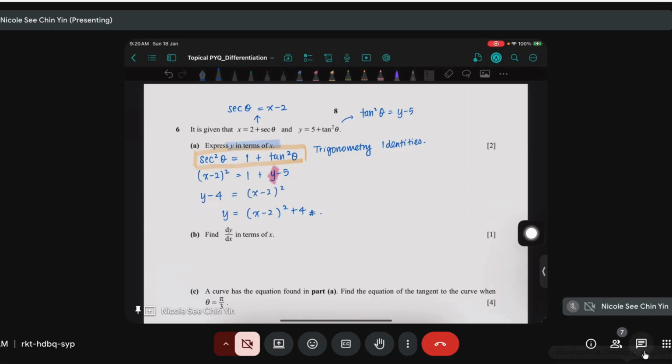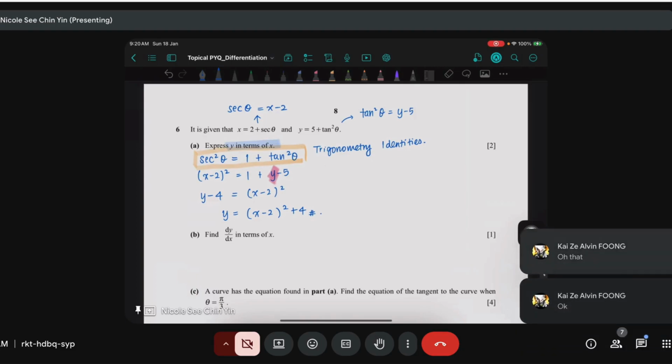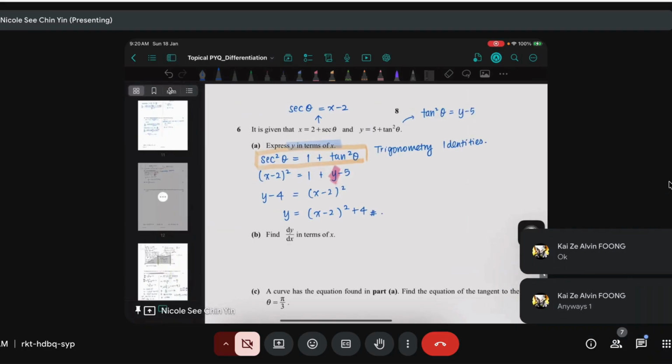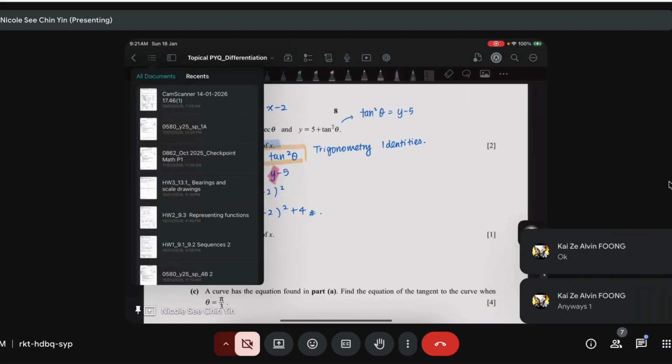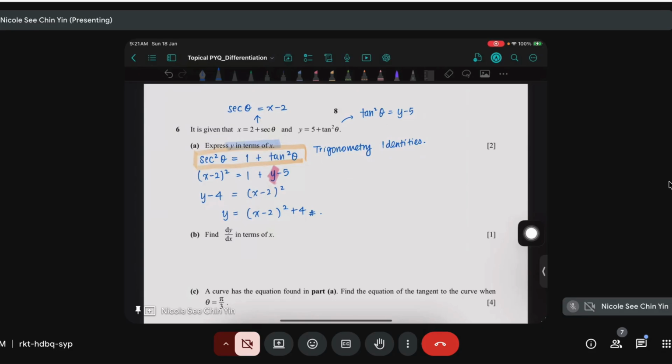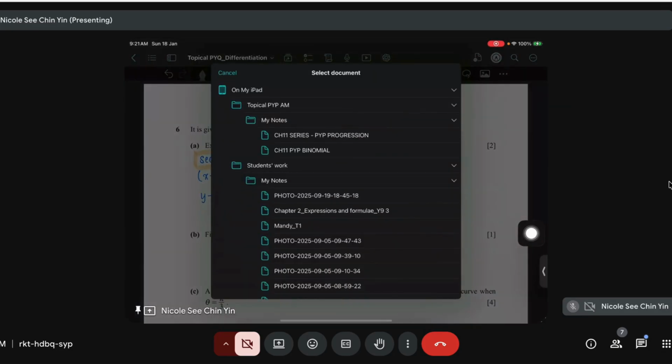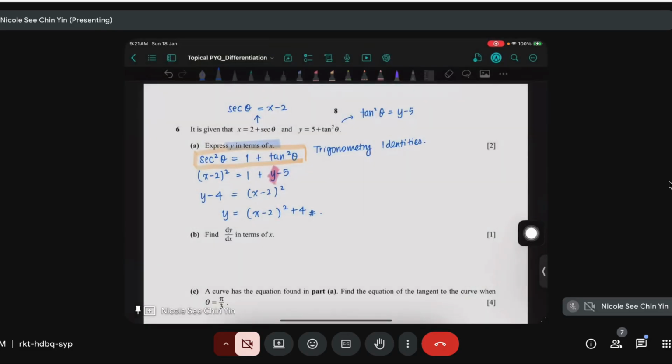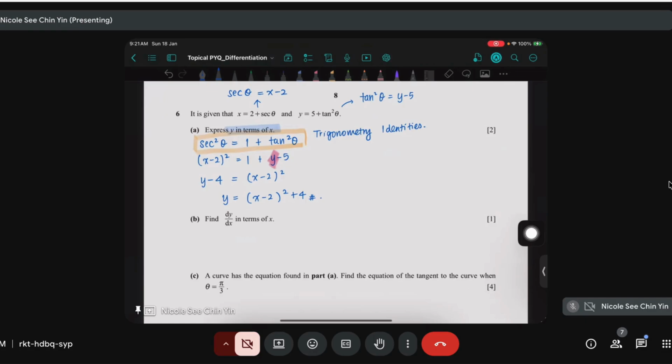Alvin? It's from your formula sheets. Yes. Let me see whether I have any parts here to show you first. I don't have any parts here.